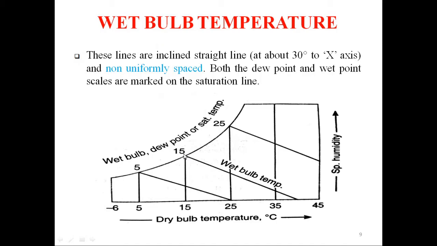So 15 degrees Celsius will be the value of wet bulb temperature, and at this point, for the dry bulb, you will draw a vertical line downward and you get the value as 25. And what is the value of dew point? You will draw a horizontal line towards the left, and whatever value you get will be the dew point temperature value.